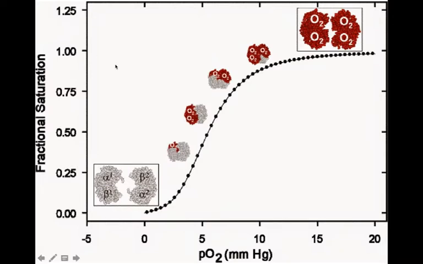Now what you should be able to make out here is that at low partial pressures of oxygen, the level of saturation of the hemoglobin is quite low, and it's got this S-shaped curve, so it gets progressively easier for the oxygens to bind, and that's down to that positive cooperativity.